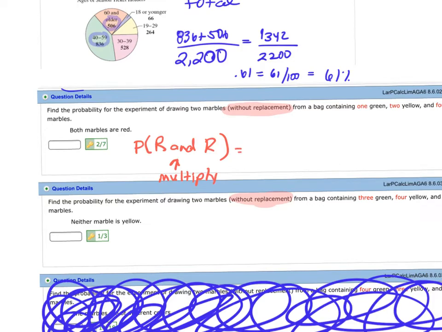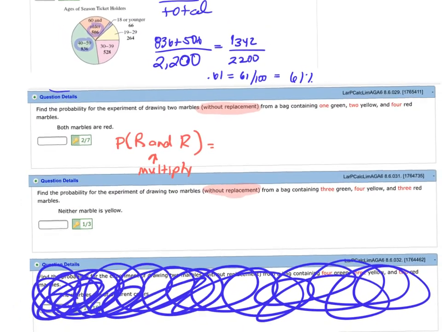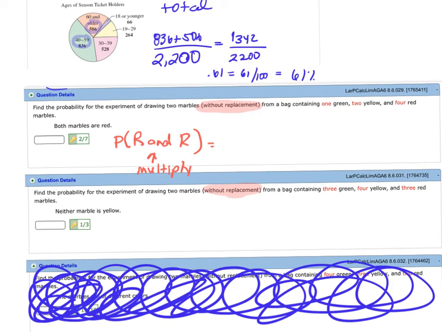So now we just say, okay, how many total marbles are in this bag? I have 1 green, 2 yellow, 4 red. So how many is that? 7. How many of them are red? 4. 4, okay? And we said and means to multiply. So guys, I'm going to assume that the marble I took out was red.